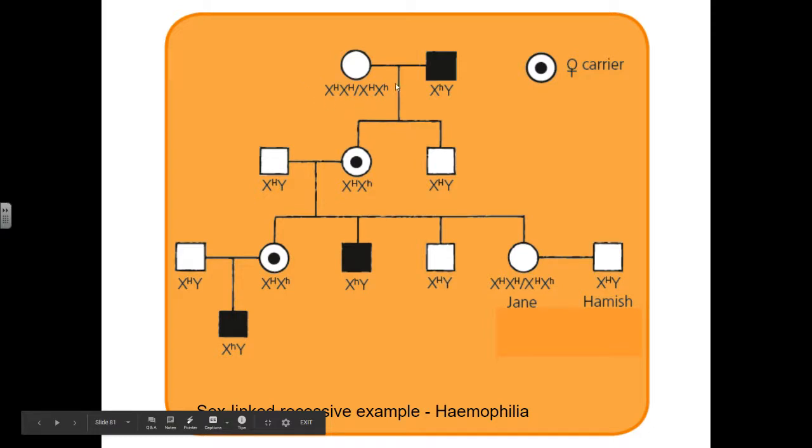It tends to get a bit busy underneath the letters here, so we put in circles are females, squares are males, so we do XY for all the boxes and XX for all the circles.